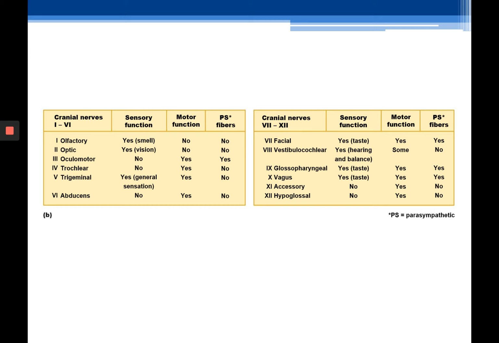Good examples to take from this particular slide would be the fact that the olfactory and the optic nerve are both solely sensory. Later on, we'll also see that we can group nerves based on their function. For example, the trochlear, oculomotor, and abducens nerves are going to be able to move the eye.